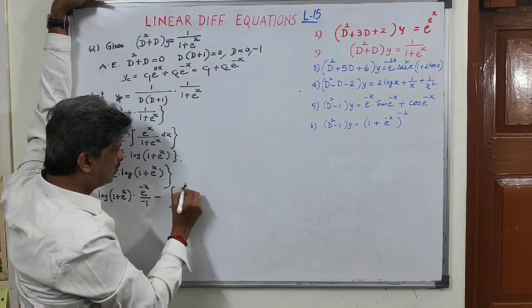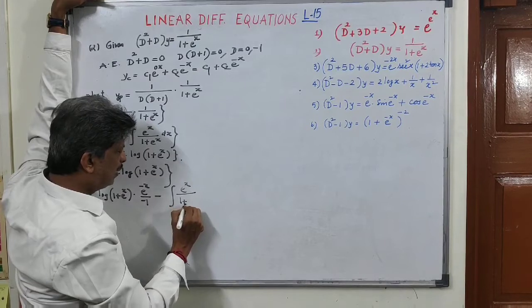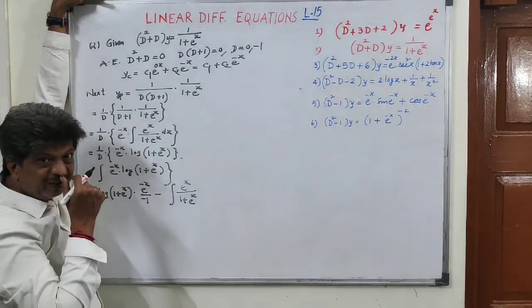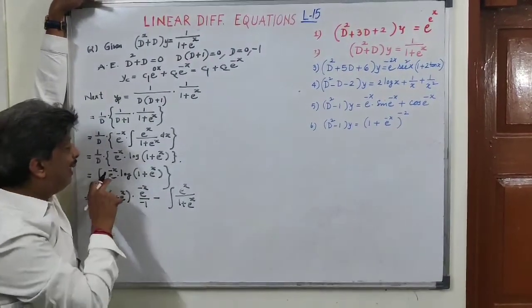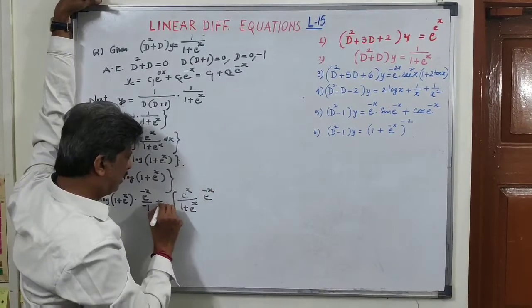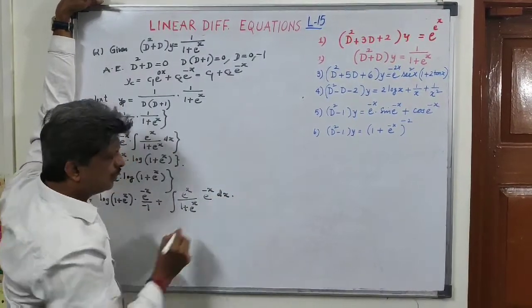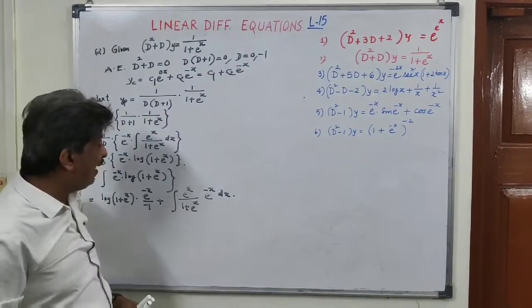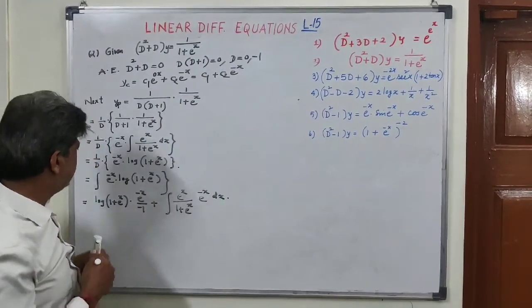It is e raised to power x upon 1 plus e raised to power x, minus integral of the derivative of first into integral of next, e raised to power minus x into minus 1 dx. So that is the formula of integration by parts.